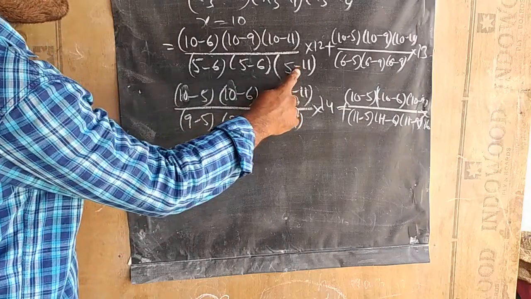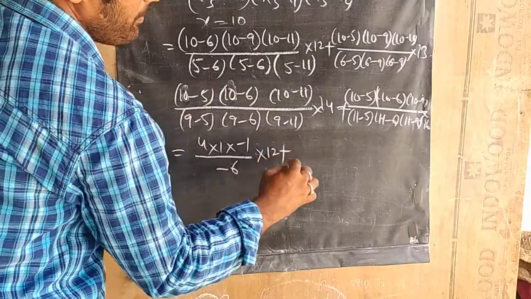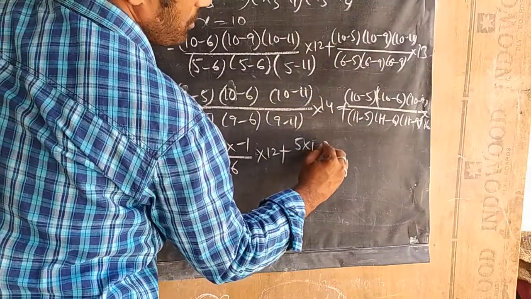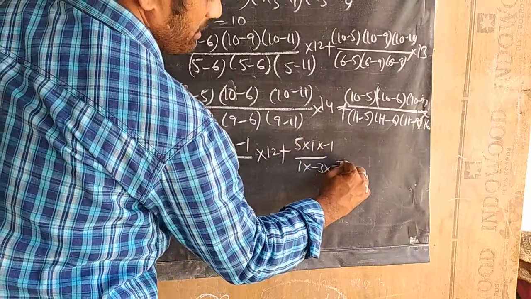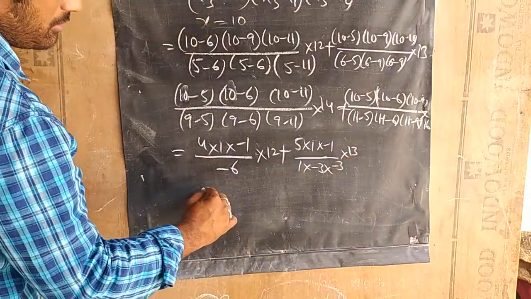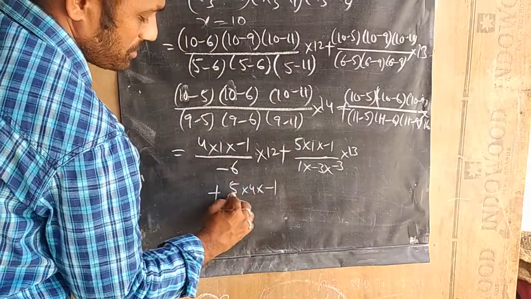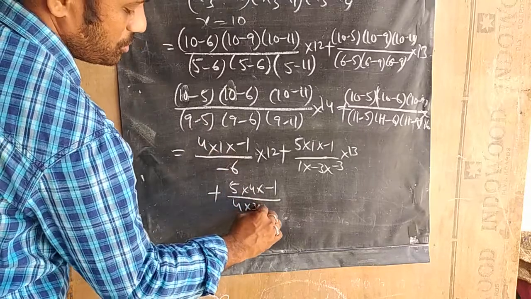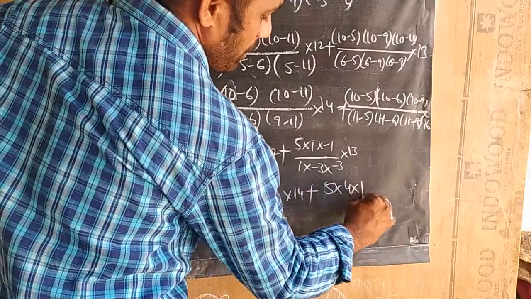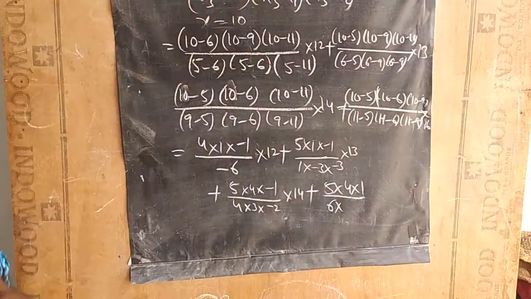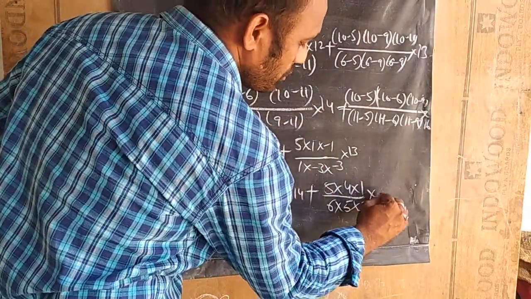So plus 1 into minus 6, so minus 6 into 12, plus here 5 into 1 into minus 1 divided by 6 minus 5, 1 into minus 3 into minus 3 into 13, plus 10 minus 5 is 5 into 4 into minus 1 divided by 4 into 3 into minus 2 into 14, plus 5 into 4 into 1 divided by 6 into 5 into 2 into 16.